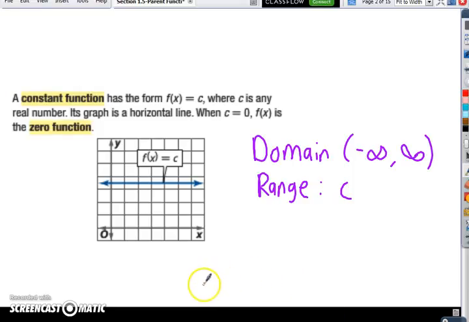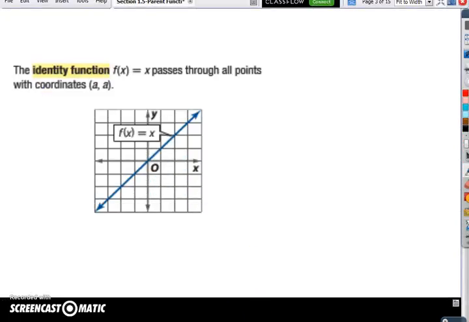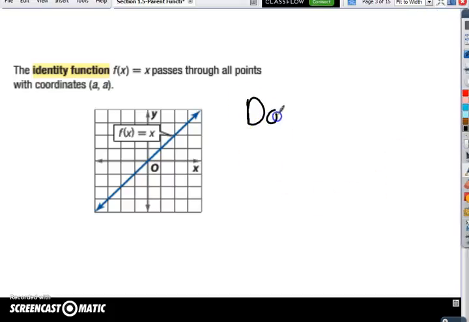Alright, let's go on to our next one. Our next function we have to talk about here is our identity function. Generally speaking, it's y equals x, or f of x equals x. So we need to talk about domain. Domain here again is all real numbers. I've got no issues with my domain putting in any x value I want.